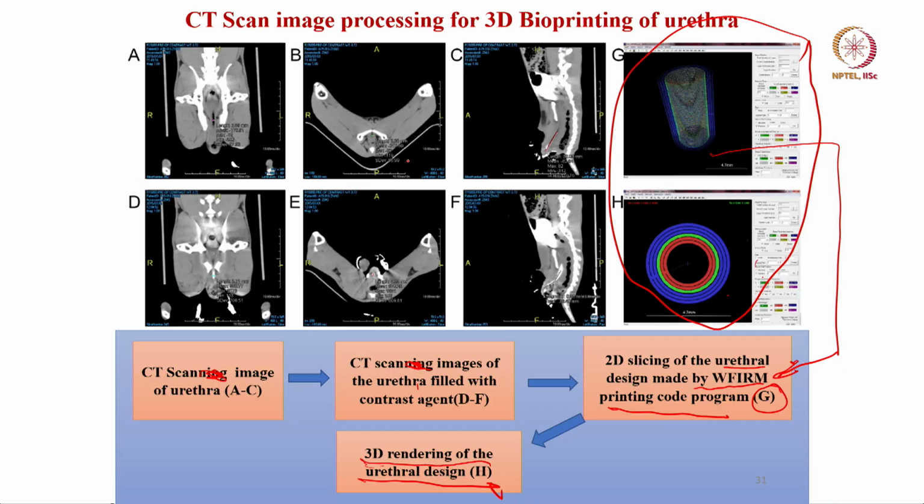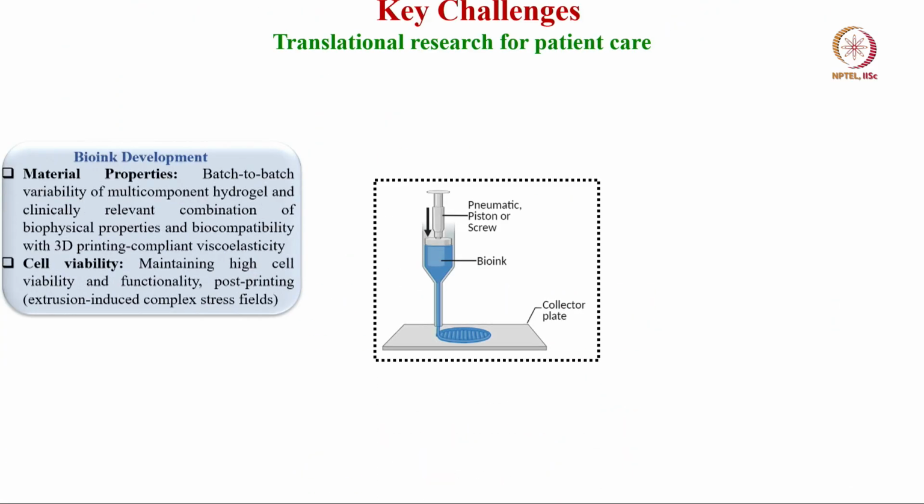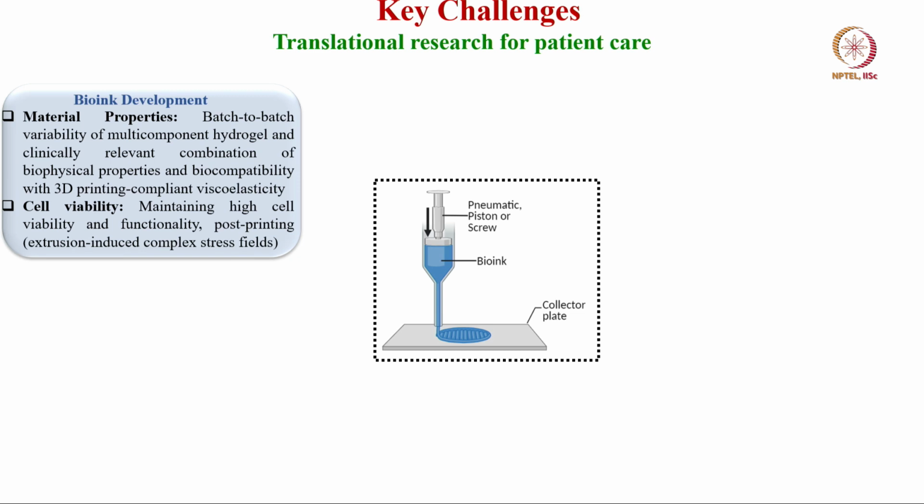Now, maintaining high cell viability and functionality post printing is very challenging, because 3D printing extrusion by the very process introduces different kinds of stress fields, and cell viability is compromised because of these stress fields.